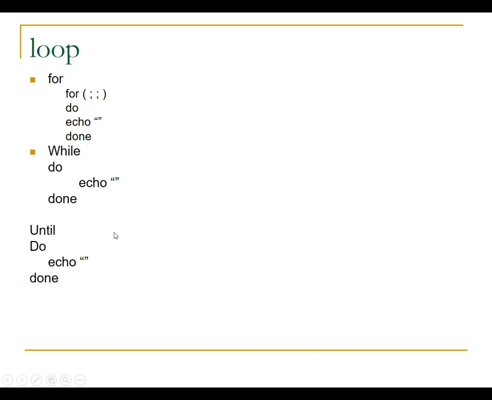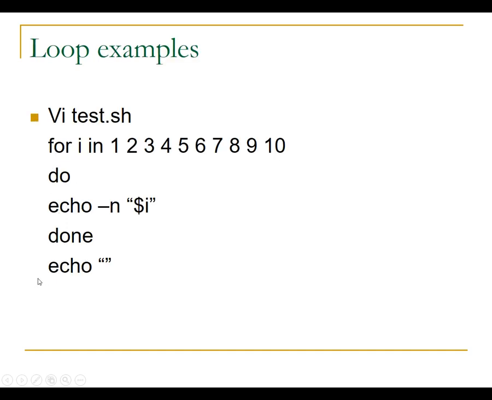So if you observe, these three looping control statements are completed with the keyword called done. In for there is a done, in while there is a done, and in until too it contains done. One example we can take here which prints the numbers 1 to 10.